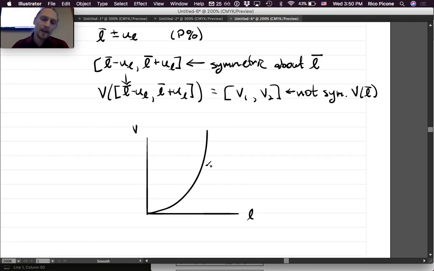Look at this operating point, say this is your L bar, and this is your V bar, equals V of L bar.